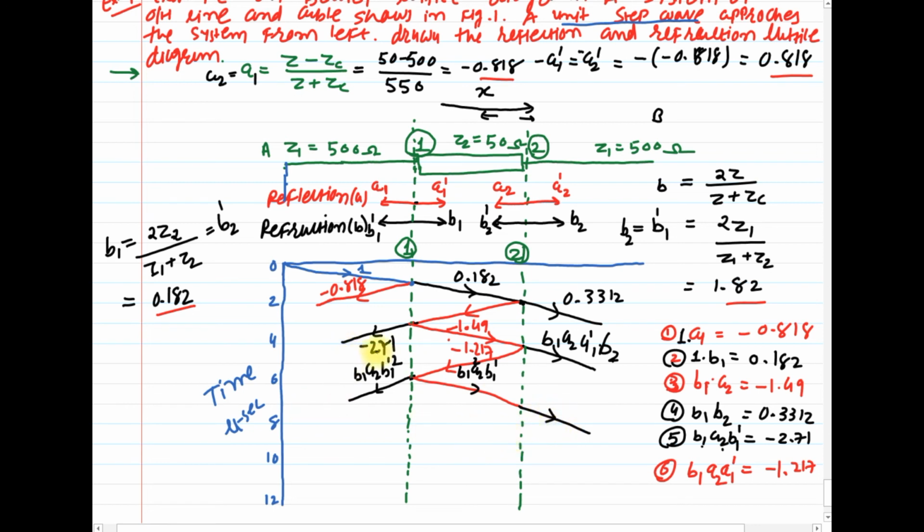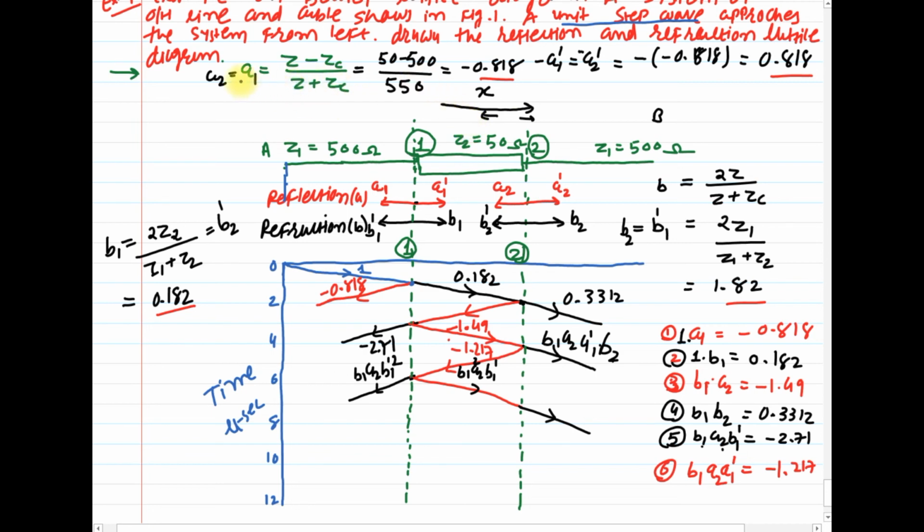This is how we will calculate the example based on the Bewley-Lattice diagram. We just need to calculate the reflection and refraction coefficient. One more thing, let me remind you again, you have total 4 reflection coefficients. Among them 2 are in the positive direction of x and 2 are in the opposite direction of the x.